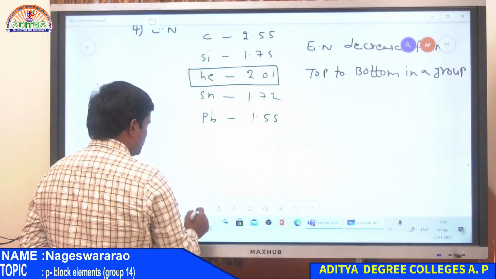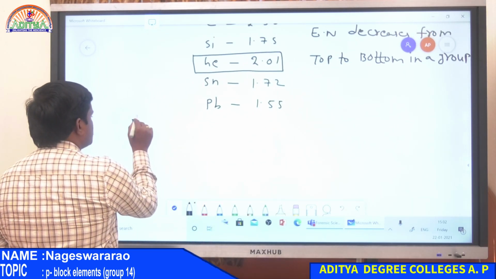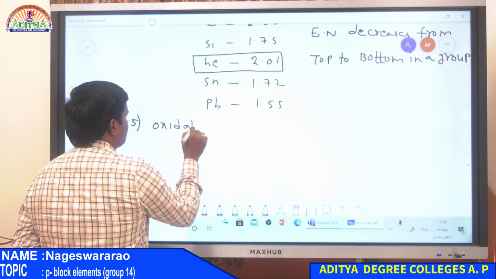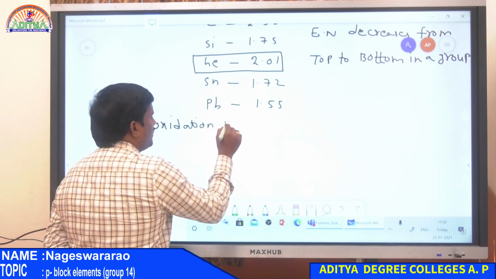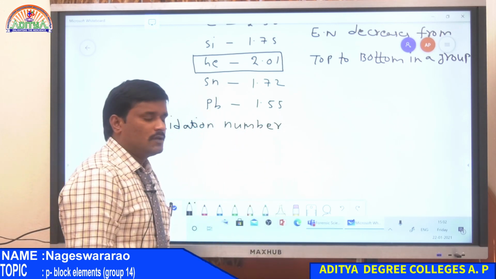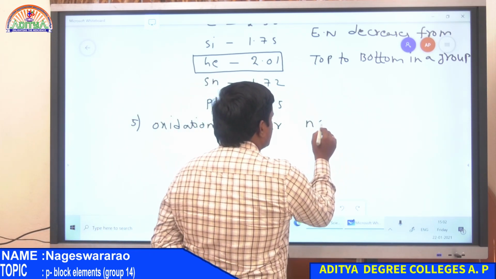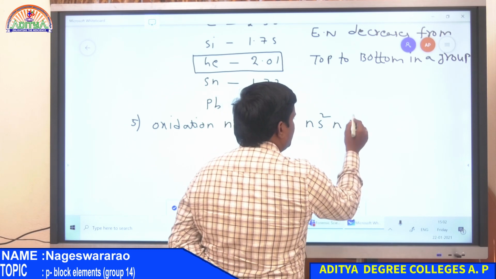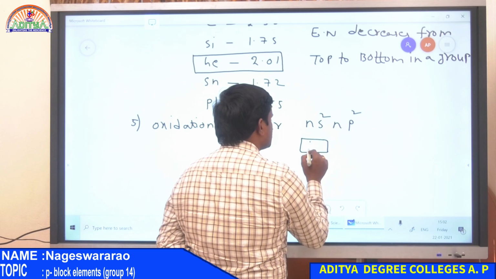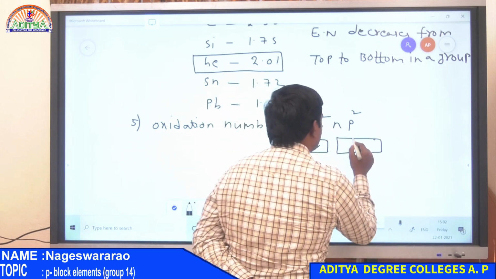And then the fifth property is oxidation number. For these elements, the general electronic configuration is ns2 np2. Therefore, the s orbital has 2 electrons and the p orbitals have 2 electrons.